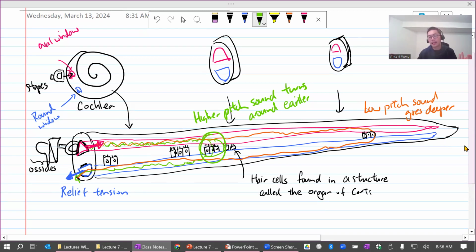Right? So of course, at any given time, it's not just one pitch that you are picking up. It's multiple sounds, multiple hair cells, all these things become an electrical signal that goes to the brain, and then your temporal lobe is going to basically decode that and help you make sense of what it is that you're listening to.